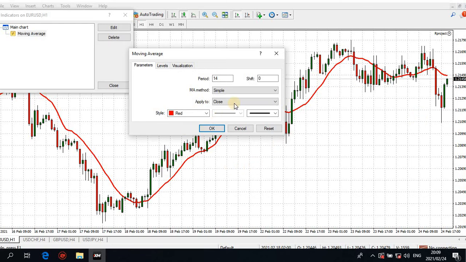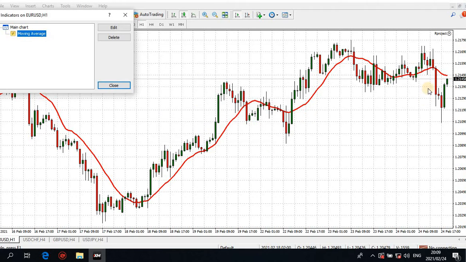I'm sure a lot of you just use simple and exponential and all those things. So as we go in, I want to show you what's happening and how to use this in your system. You can just add this, it won't work alone, of course.